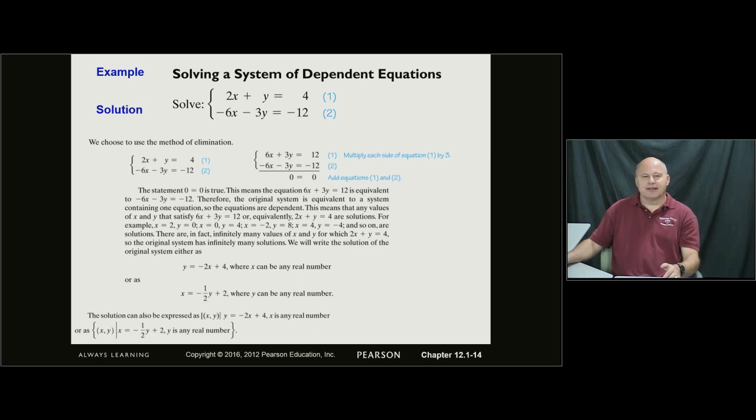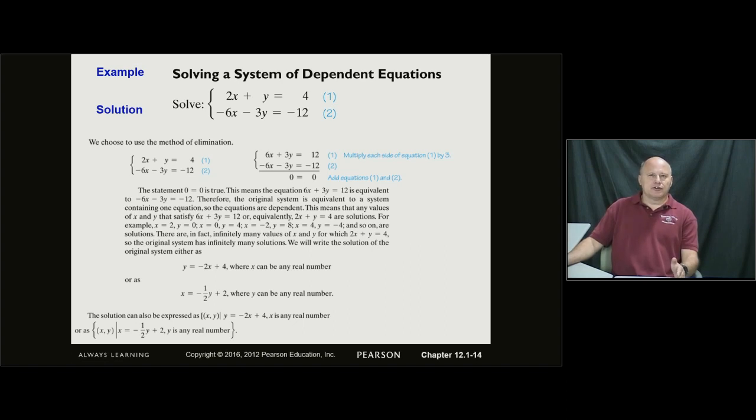But look at this last part. This tells us how we write it. It says the solution is also expressed as the ordered pairs x, y, such that y is equal to negative 2x plus 4, where x is any real number. And that's the one I prefer. And they give you another one on the other one, but the first one here is the one I prefer. Okay?